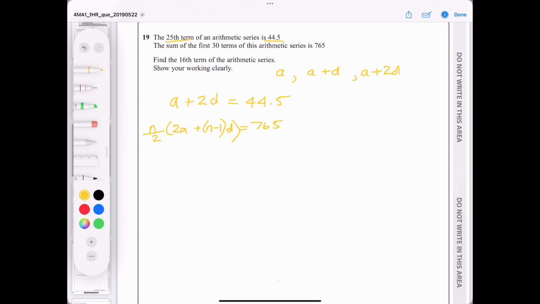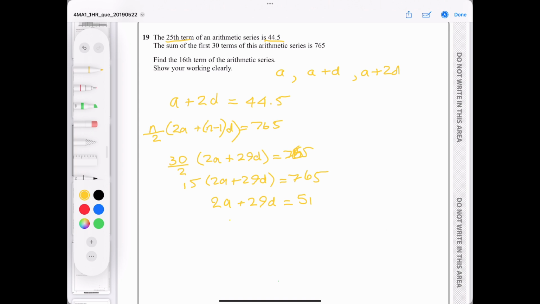So we know that 765 equals 30 over 2, 2a plus 29d, which is 15 times 2a plus 29d equals 765. Now, let's check whether 765 is divisible by 15. I think it might be. That's 51. So we know that 2a plus 29d equals 51.